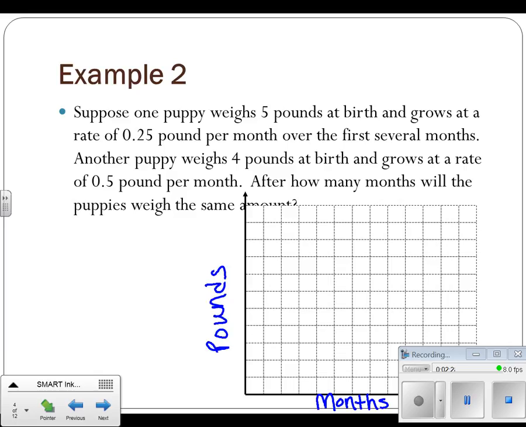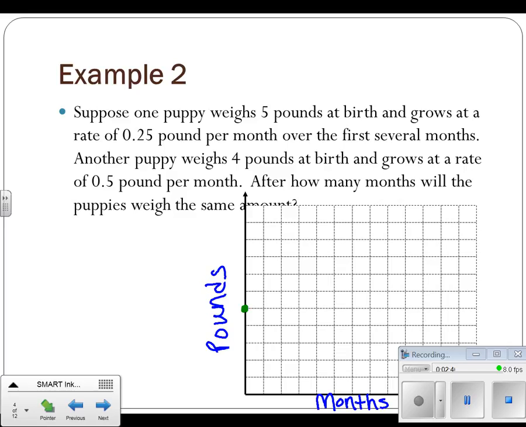And so for this first puppy, I will use green. Every month it was 1/4 pound, and that puppy started at 5 pounds. So right here is the start. That would be the y-axis, or the y-intercept.